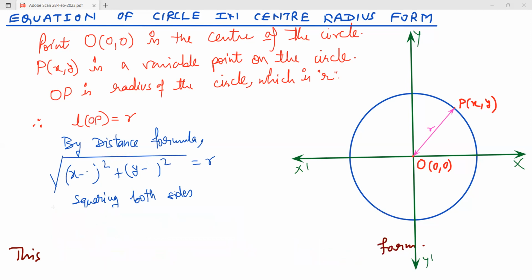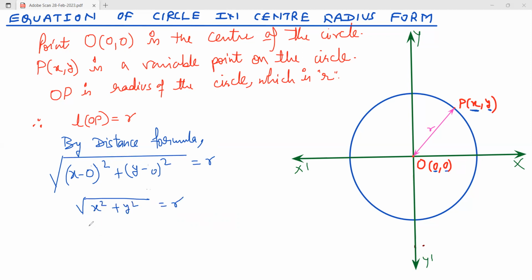So see, when I apply the distance formula, what am I going to get? Distance formula for OP: the difference of x coordinates, so (x minus 0) square plus (y minus 0) square. Therefore, the square root of (x minus 0) square plus (y minus 0) square, that is, the square root of x square plus y square, is r.